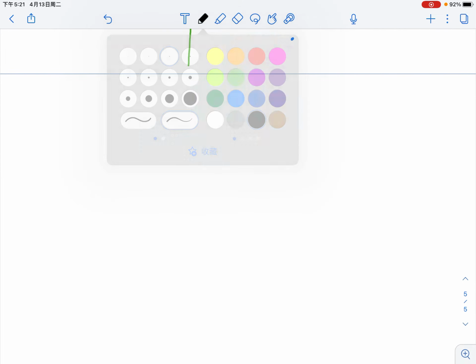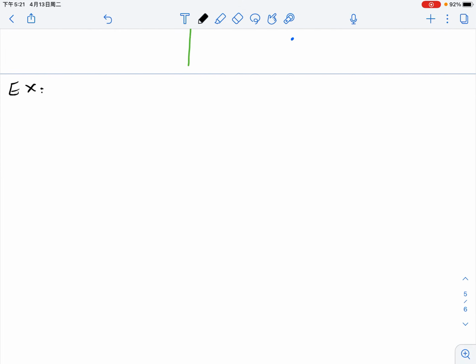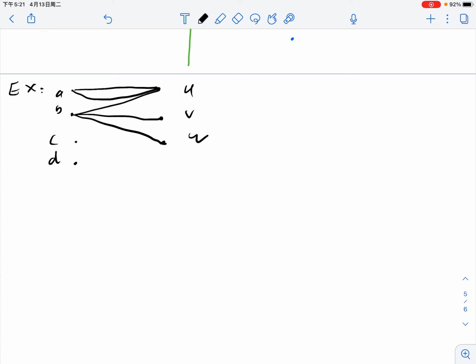And also, it might not be so apparent. An easy example is A, B, C, D on the left, U, V, W on the right, and you may have multiple edges between A and U. But you cannot have loops because it contradicts the definition.